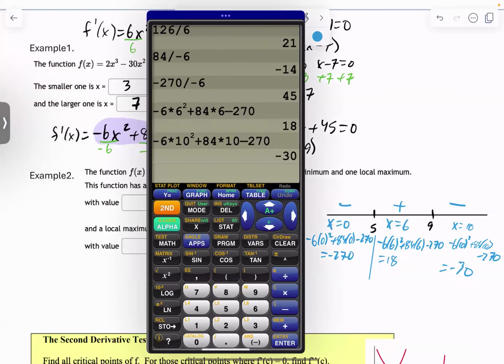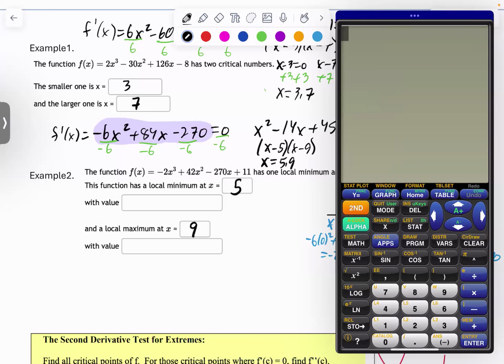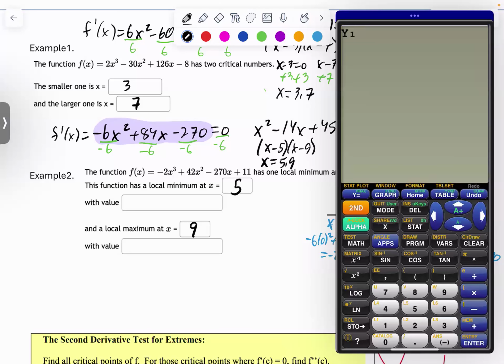Now, the reason I typed in my original function here into y equals, as y1, is I'm going to do a trick that I did in a previous video. I'm going to hit vars, then go to y vars, and hit y1. And I want to evaluate that at 5. So that gets me a value of -539.